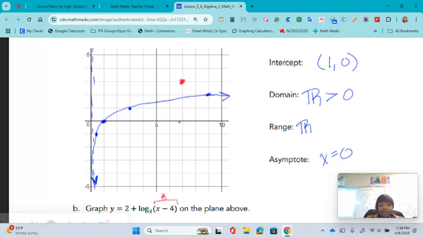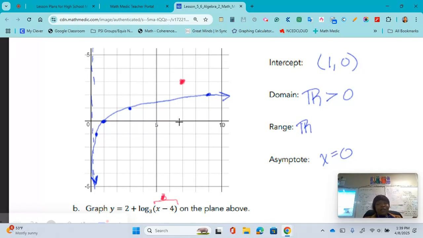Now I can change this to log base 3 of, give me another one. I did log base 3 of 3.